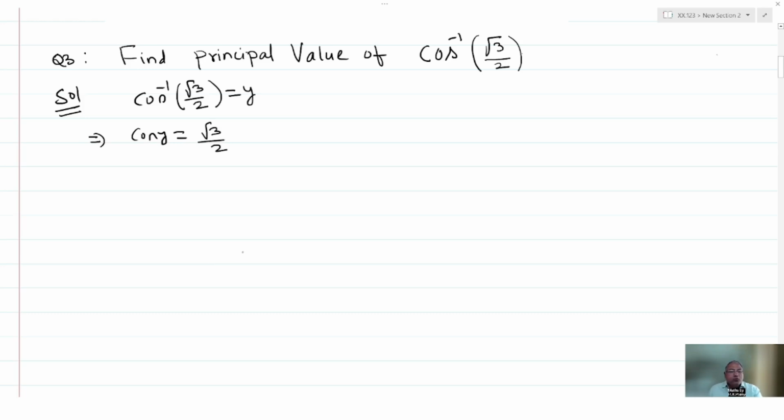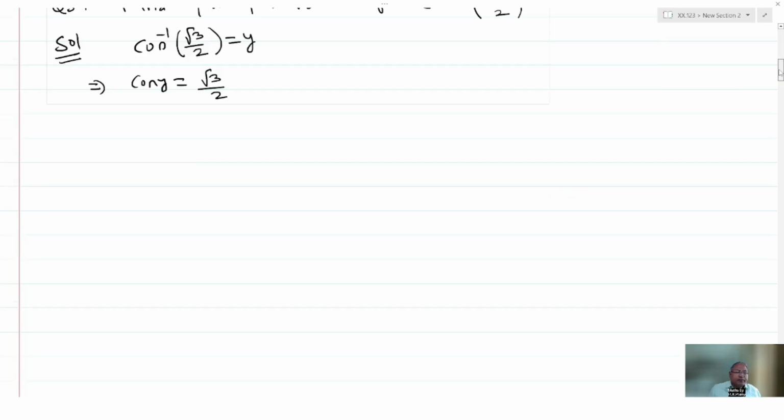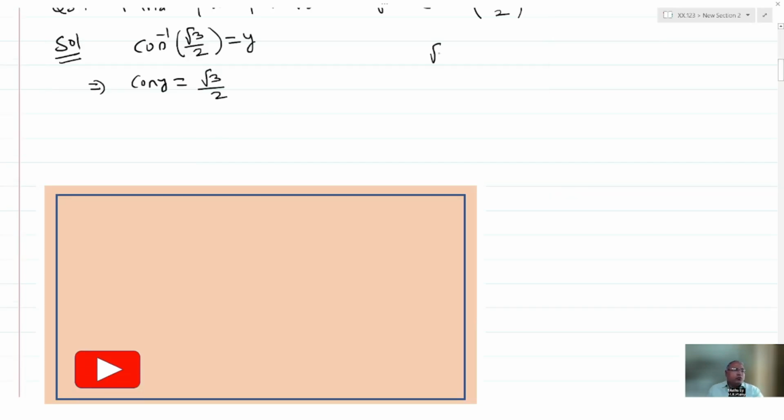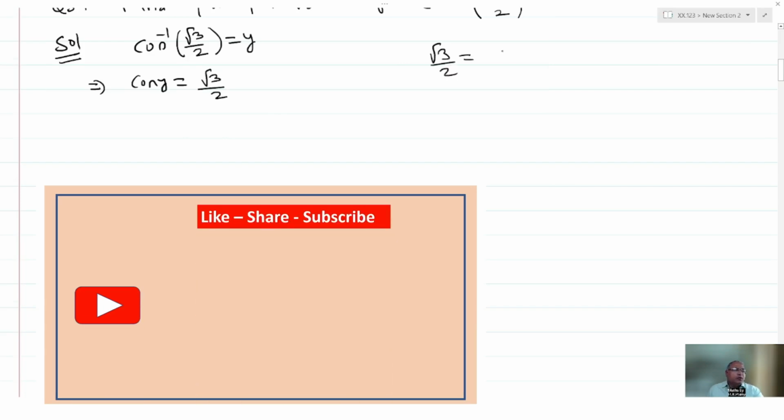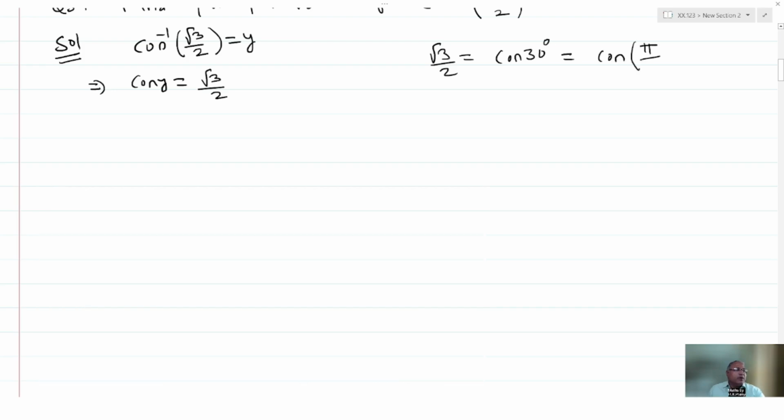Now, from the chart value, root 3 upon 2 is nothing but cos 30 degrees, and 30 degrees can be written as pi upon 6.